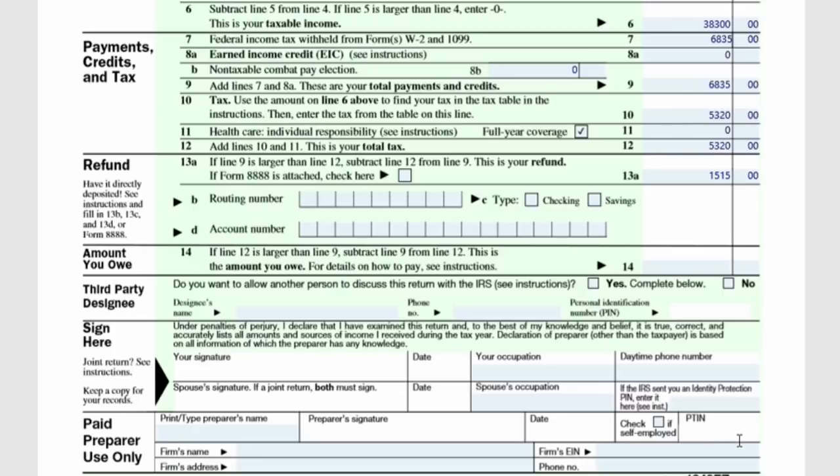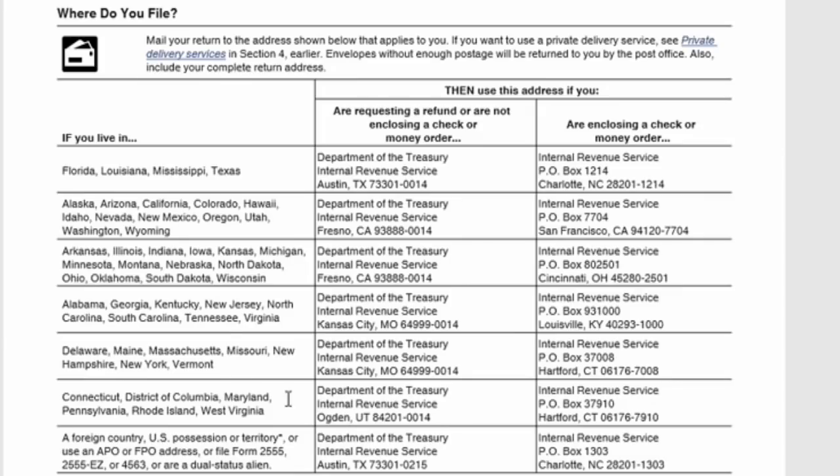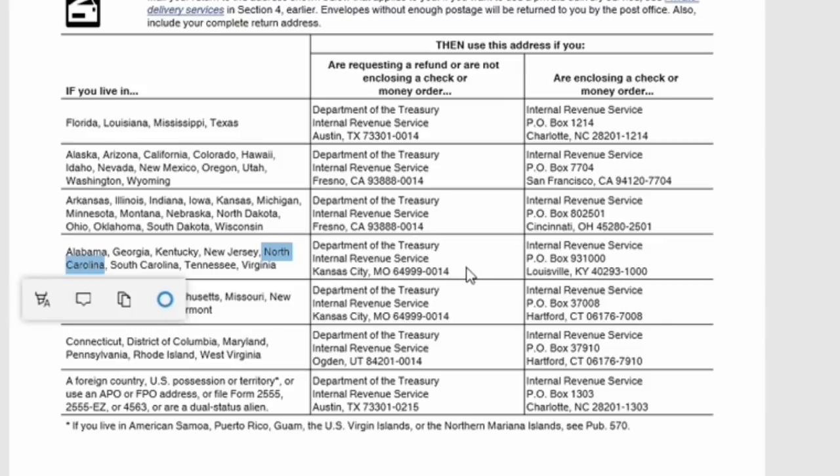The next thing you'll have to do is determine where to mail it. And again, this information is in your instructions, and there is a section that says, where do you file? So for Paco, who lives in North Carolina, since he's getting a refund, he would use the Department of Treasury in Kansas City, whereas if he had to pay, he would have to use this address in Louisville, Kentucky.